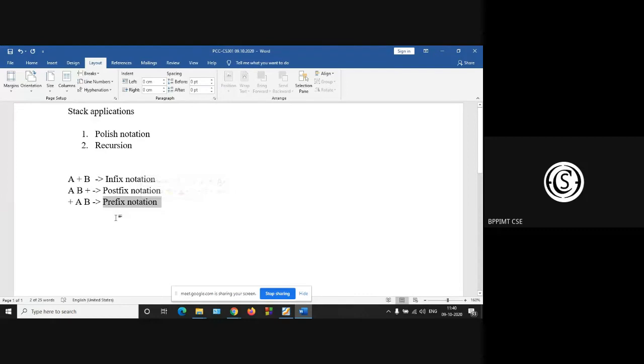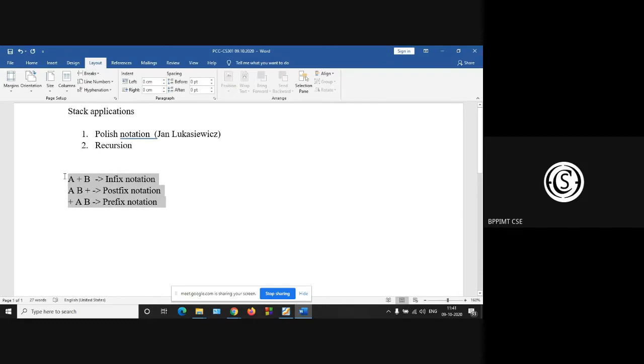Polish mathematician Jan Lukasiewicz established these notations, infix, postfix, prefix.